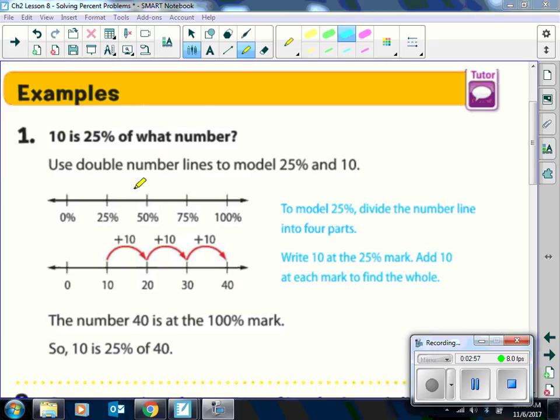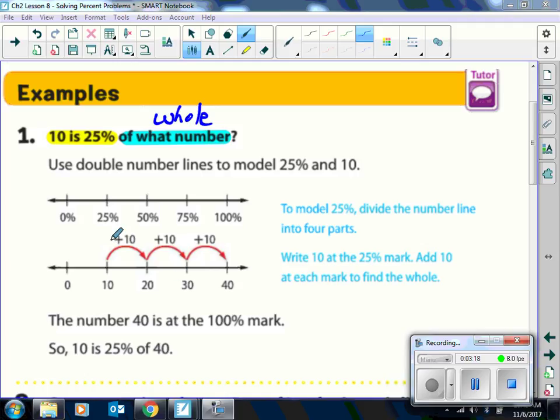So here we're going to use these double number lines. So here we know that 10 is 25%, right? The of what number, that tells me what the whole is, right? So if we're talking about the whole, we're talking about 100%, right?